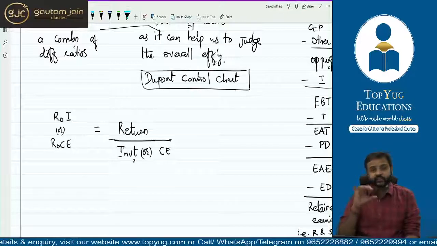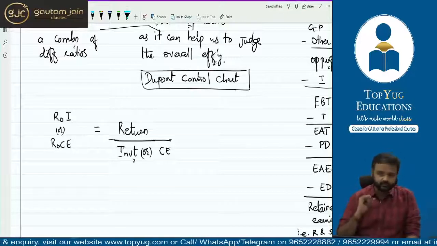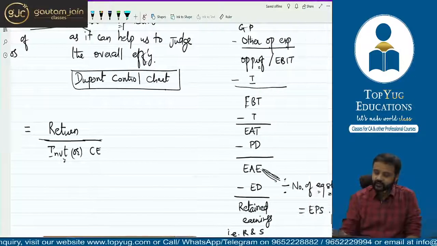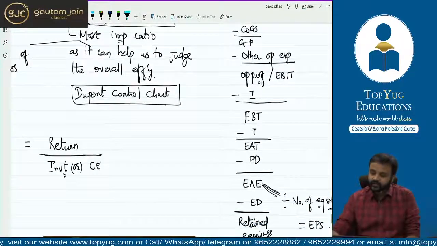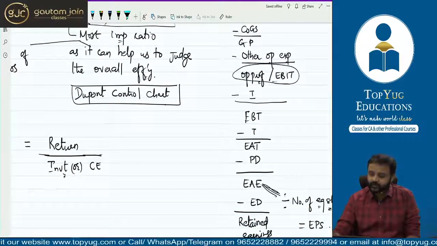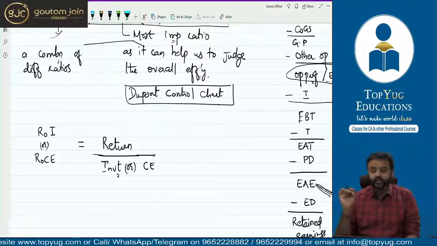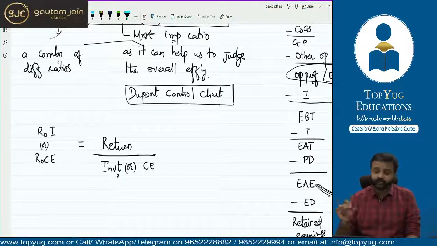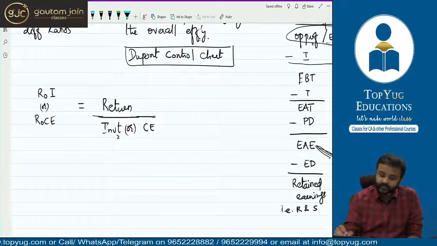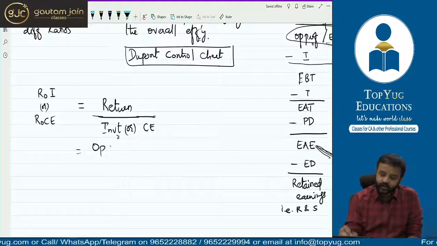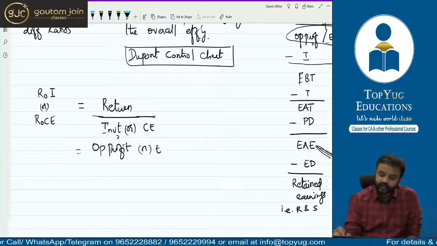So this interest and dividend is paid out of what? You'll say, sir, interest and dividend is paid out of EBIT. So does this mean now we'll have to take return means EBIT here? We'll have to take this return means nothing but operating profit, or you can say EBIT.